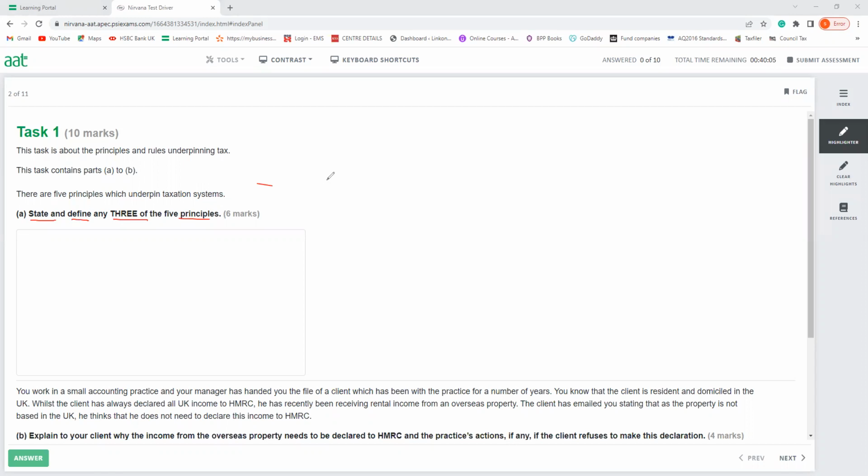The first one we have is neutrality. Neutrality is all about being fair, or showing equality to all different businesses.